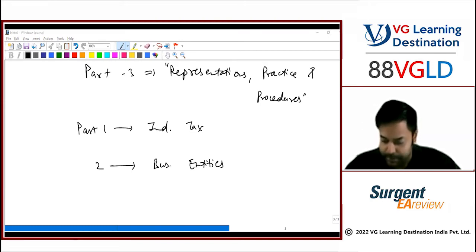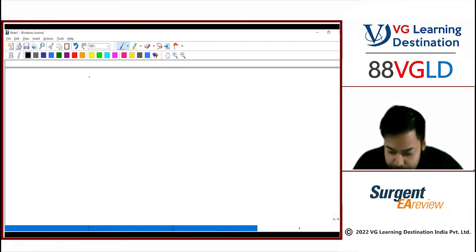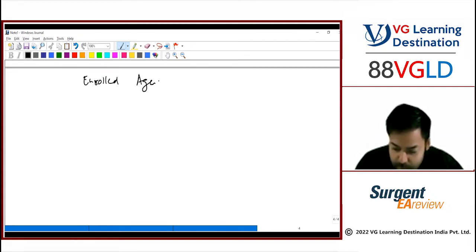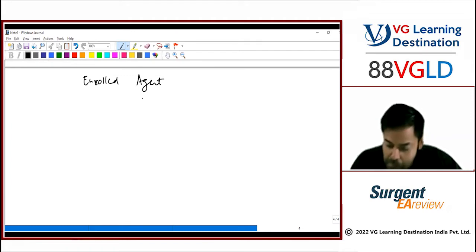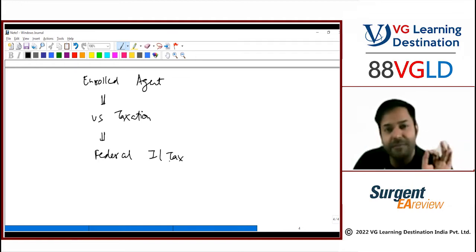Okay, whenever we talk about the enrolled agent, that means when we talk about US tax, in this case US taxation, I'm just talking about the federal income tax.